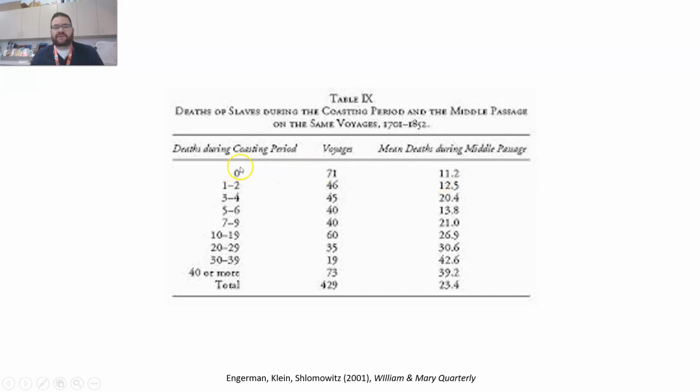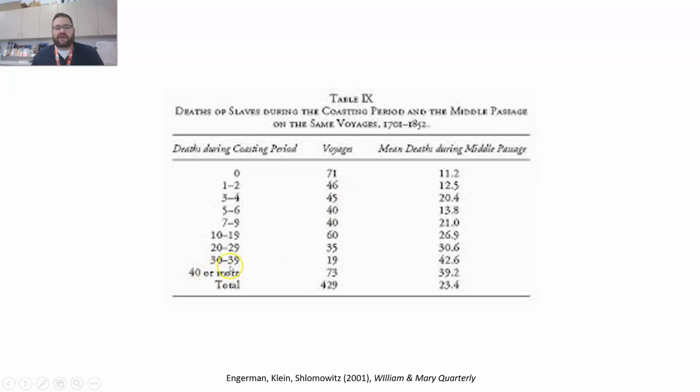So during those times in which no kidnapped and captured slaves died during the coasting period, about 11 slaves died during that journey.